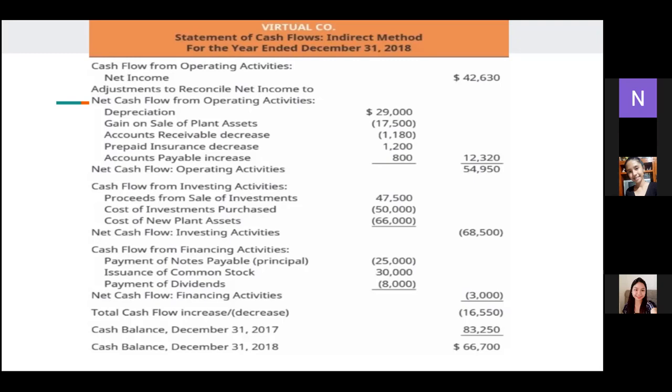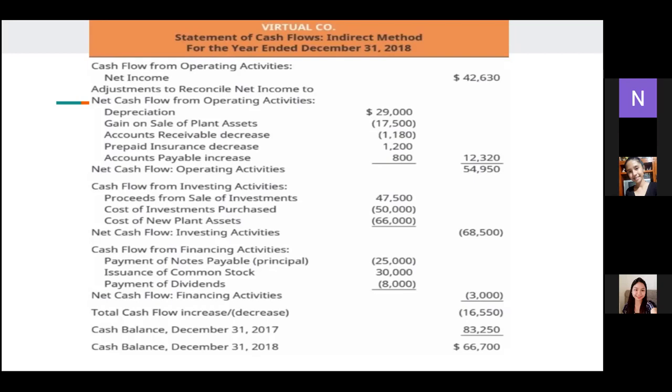So, depreciation amounted to 29,000, gain on sale amount of plant equipment amounted to 17,500, which is negative siya. And accounts receivable decrease amounted to 1,180. Prepaid insurance decrease amounted to 1,200, naka-positive.